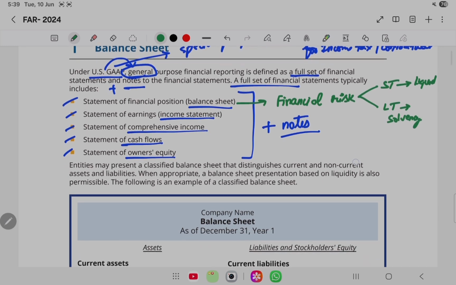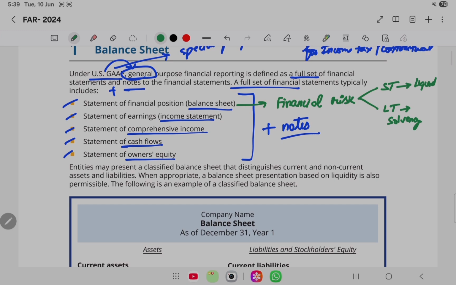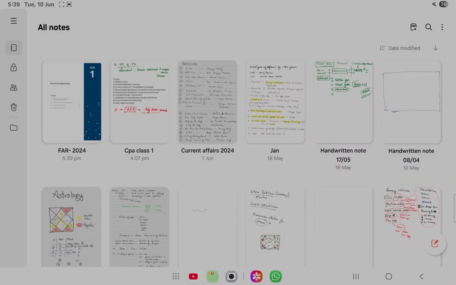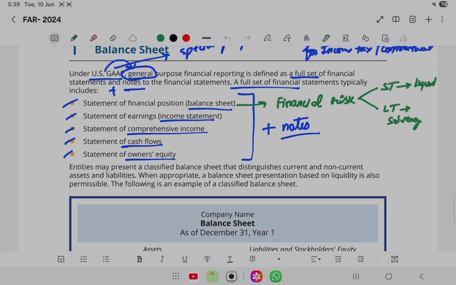For example, a good financial analyst has to do trend analysis: if the inventory goes up, PPE is also going up or not, the assets are going up, then the sales of the business are also going up. All these things are kept in mind for the liquidity purpose.